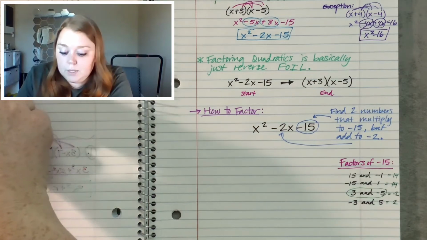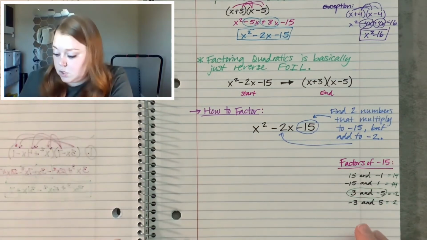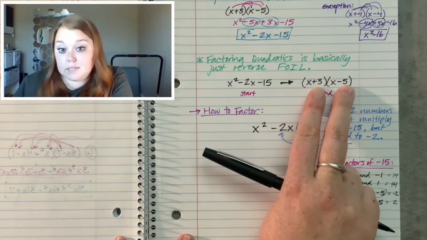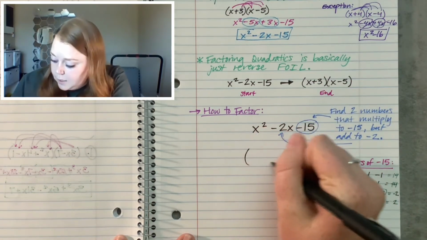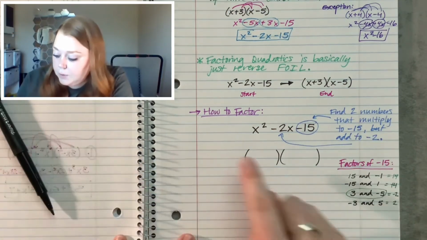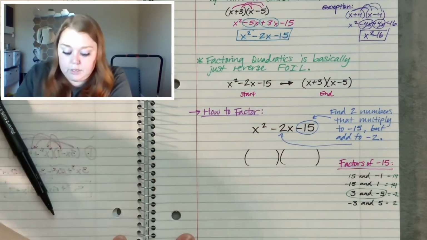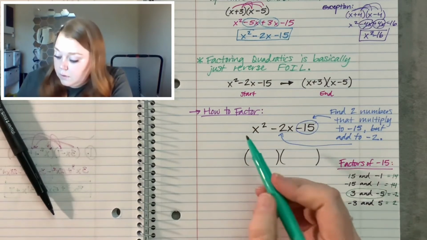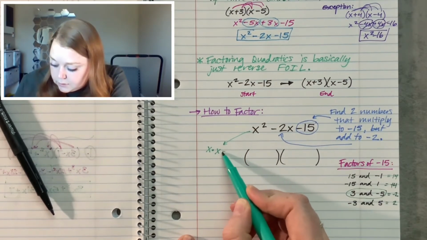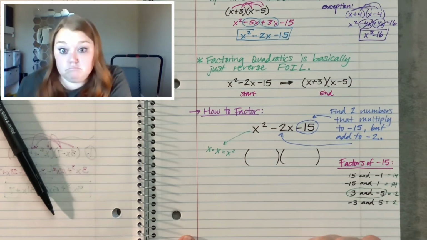Okay, so what you end up doing with those numbers is those get placed in your parentheses. You can see right here, okay? So I set up my parentheses here. Now, how do I know that x goes here and here? Well, think about it. X squared. How do I get x squared? Well, I take x times x, right?